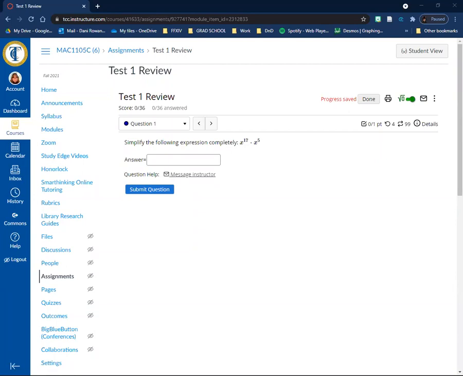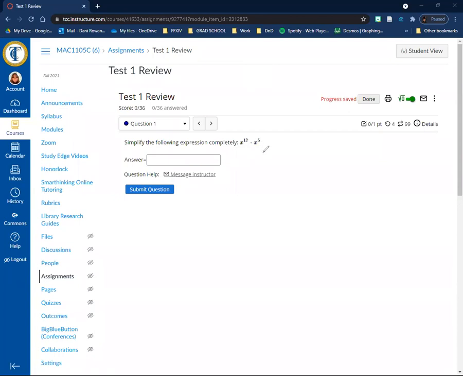Okay. So let me bust out annotate here. If we're looking at this first equation, it wants us to simplify the following expression completely. So we have x to the 17th times x to the 5th. What do we do here? If you have the same base, can't you just add the exponents?